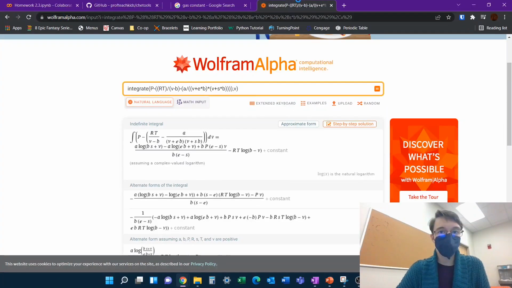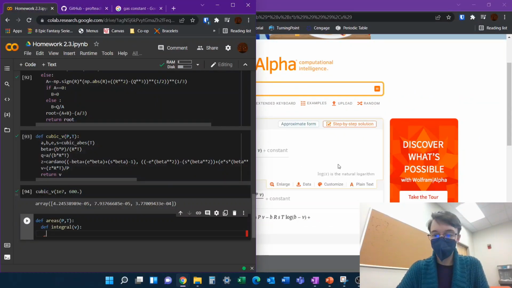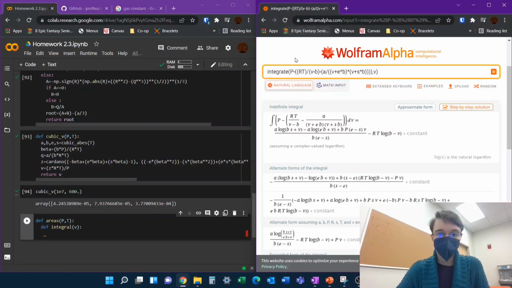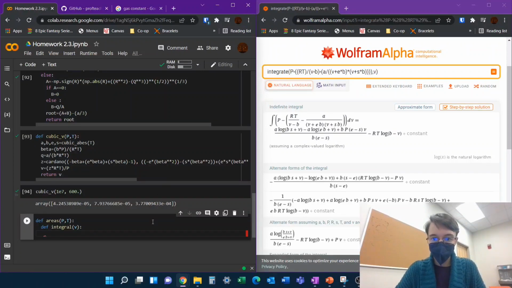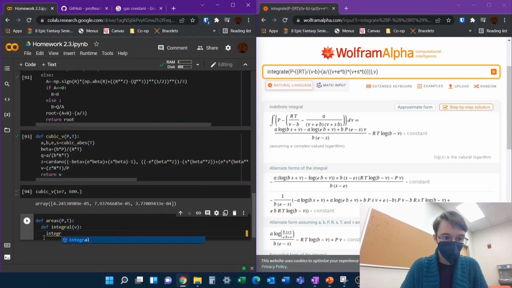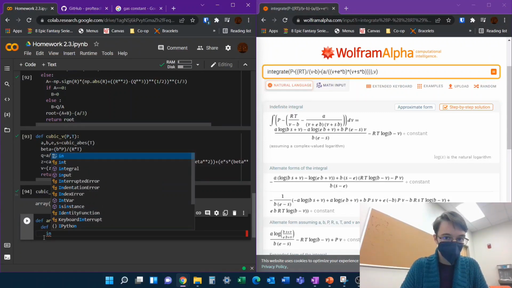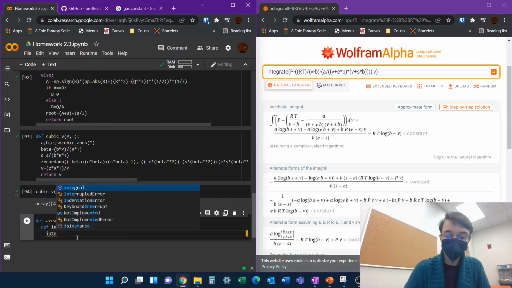So let's put that back up here. Or here, we can split screen this as well, so that we can see it. Our integral, I don't want to confuse that, so I'll just call it into.